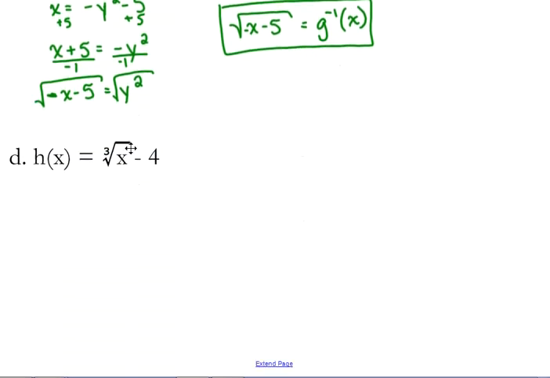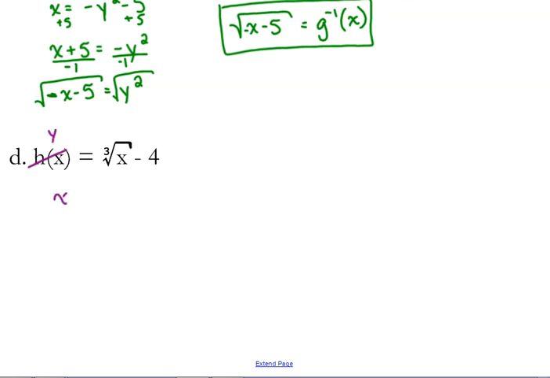This cube root purposefully is short. It's only over the x. That's why I like to put a little tail on my square roots and cube roots and whatever root I'm taking to show what is under that root and what's not under that root, because it's going to make a difference here.